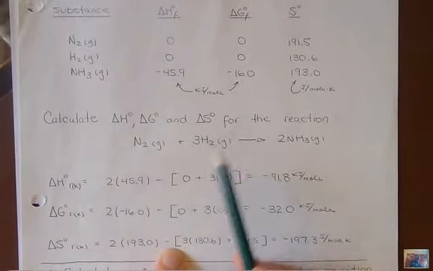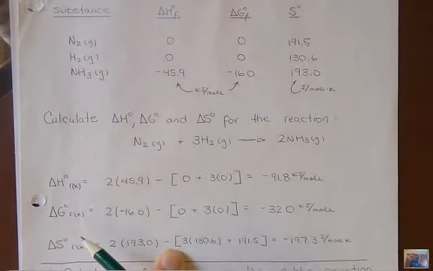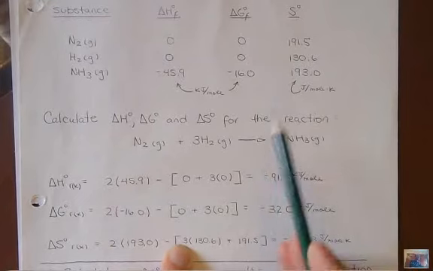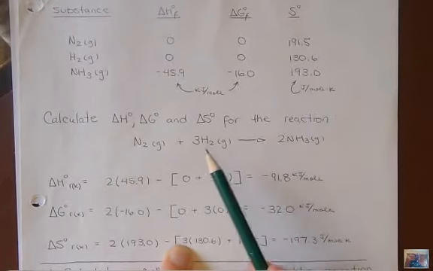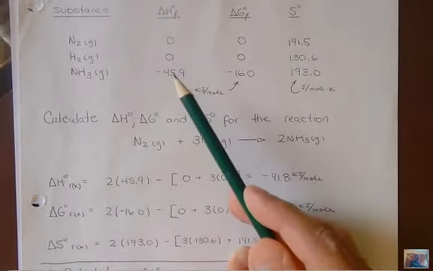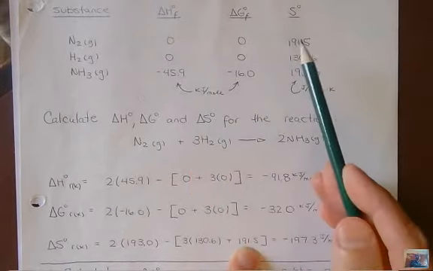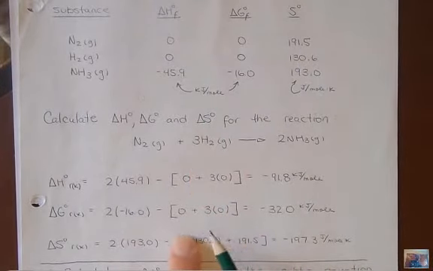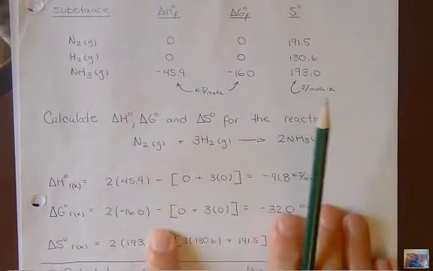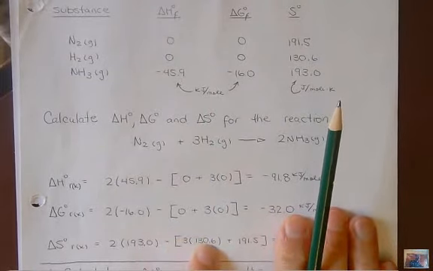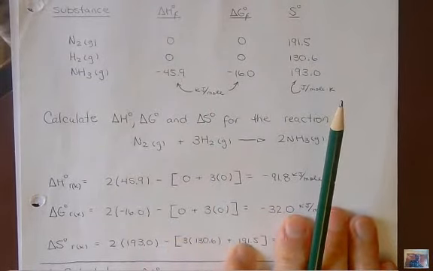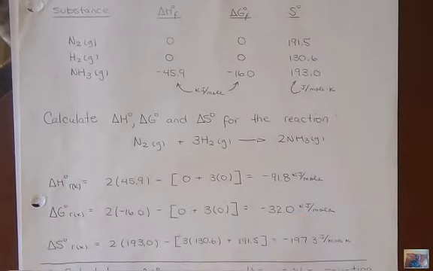Delta S is products minus reactants. So I need 3 times the value for hydrogen plus 1 times the value for nitrogen. There's the nitrogen number. Do this part first: 3 times 130.6 plus 191.5. Get that? Subtract that from 2 times this.